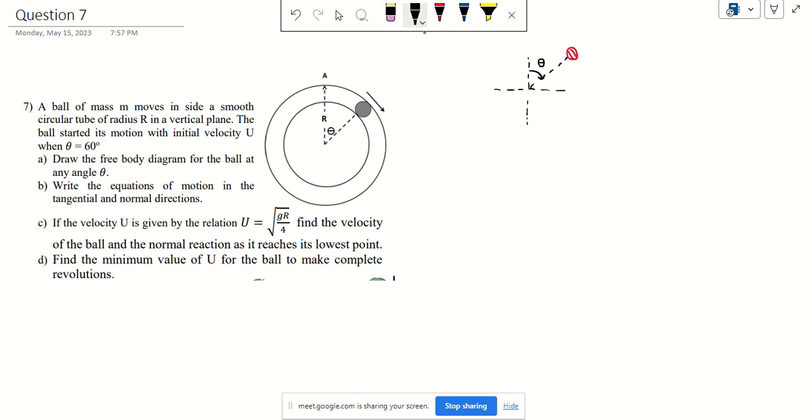Any point, just any point. So if this is any point, this is now the point that we are studying. And again, this was theta. And what I have is this: this is mg.